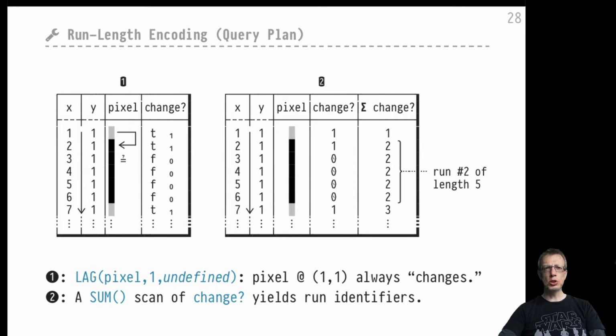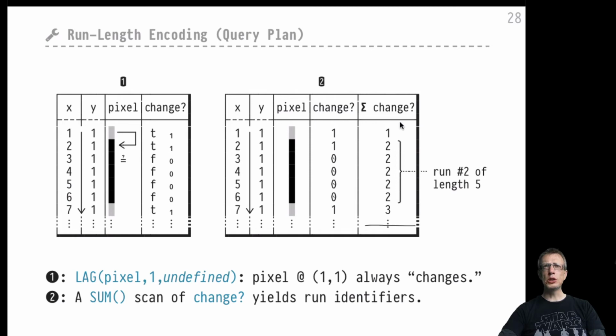This is much the same as the idea of assigning session IDs in the sessionization example. All right, so first, record changes using the lag function. Once you've done that, interpret these booleans as integers 1 and 0, perform a sum scan to assign run identifiers, and this is the final results column that you will then see.